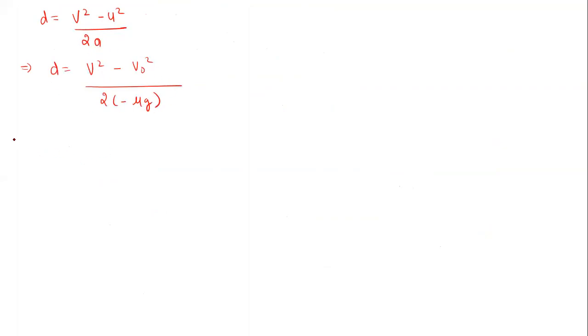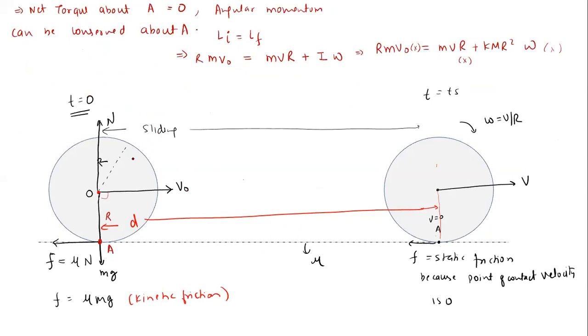Fine. And what is the work done by the friction force in that case? Work done by friction will be equal to friction force F into displacement, minus Ft, because the displacement is on the right side and friction is acting on the left side.